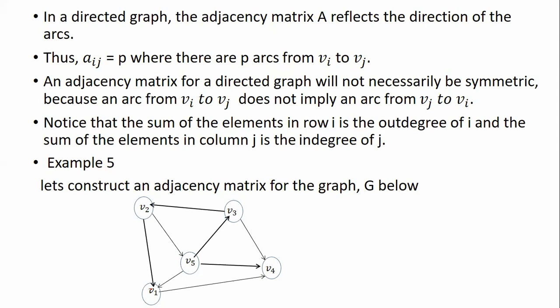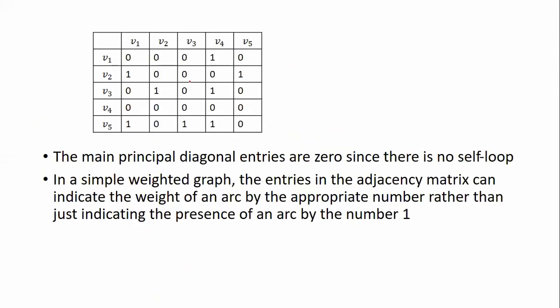V1 to V3, no connection, so 0 there. V1 to V4. Now you have the arrow that starts from V1 and ends at V4. Therefore, V1, V4 is 1. V1, V5 is 0, though we have V5, V1, not V1, V5. So that will give us our first row entries.